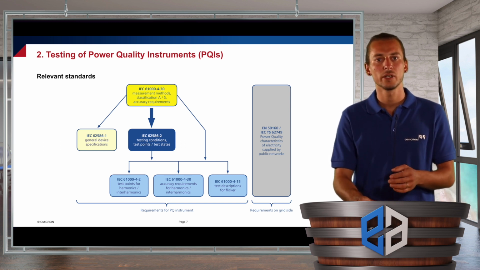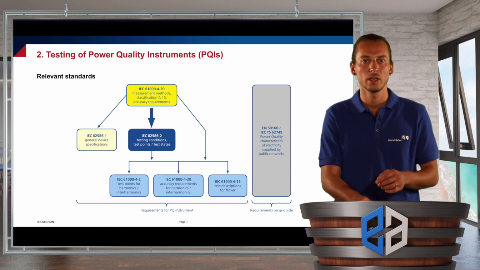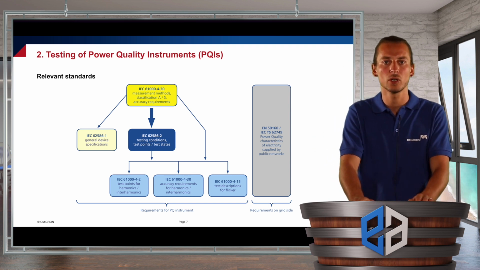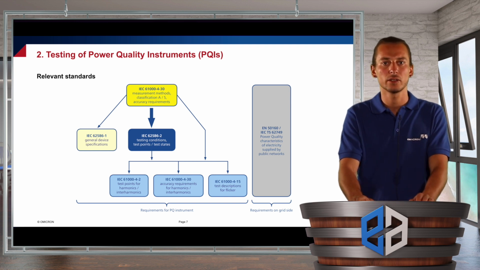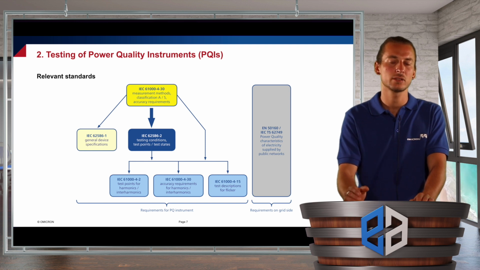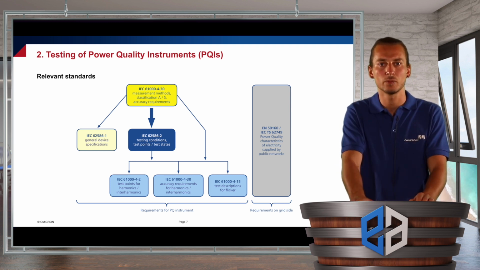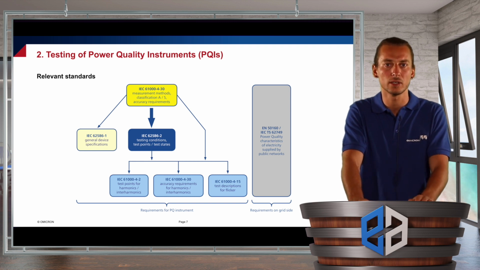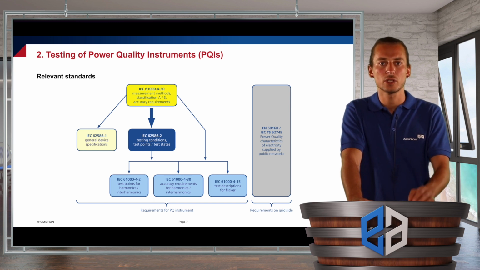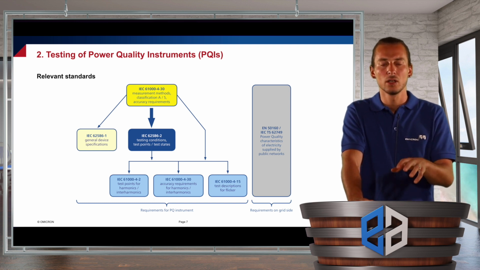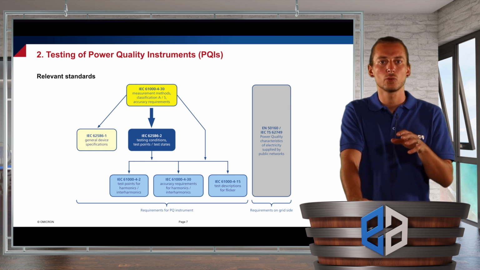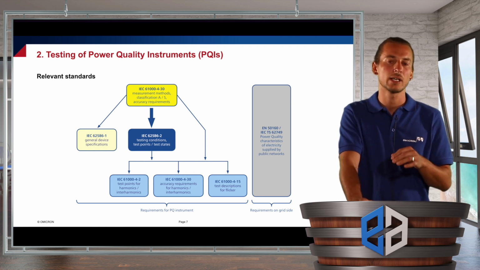Then this standard points to the standards IEC 62586-1 and -2, and there especially the -2 is very important when it really comes to testing of power quality analyzers, because within this standard there are the real test signals, test conditions and test points defined which have to be injected when you do a power quality test. There are also some extra standards for special criteria like flicker or harmonics and interharmonics. All of these standards are just related to the power quality instrument, so they are on the product side.